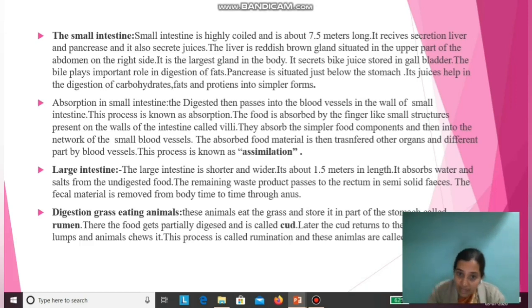Through these blood vessels, the absorbed simpler components are transferred all over the body, because we have to get the energy, right? Yes. This process is known as assimilation. What is it known as? Assimilation.